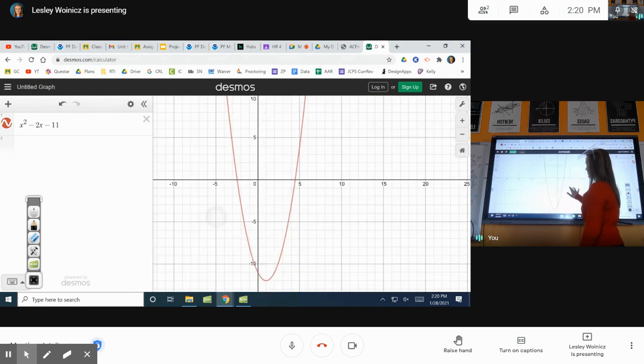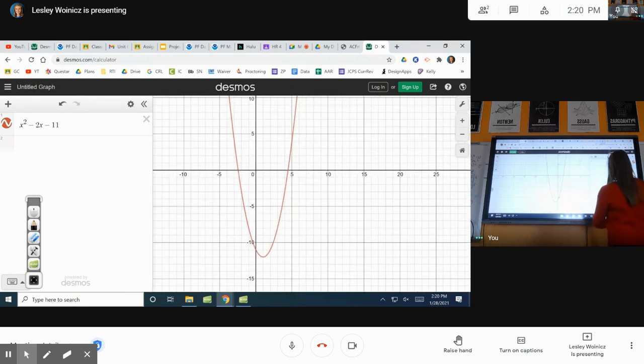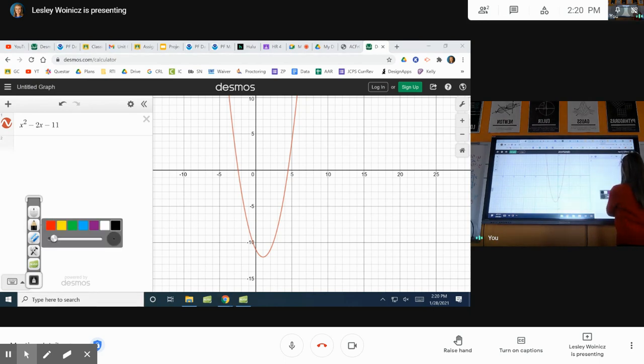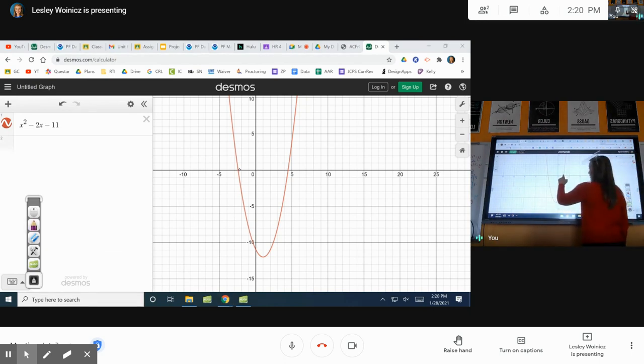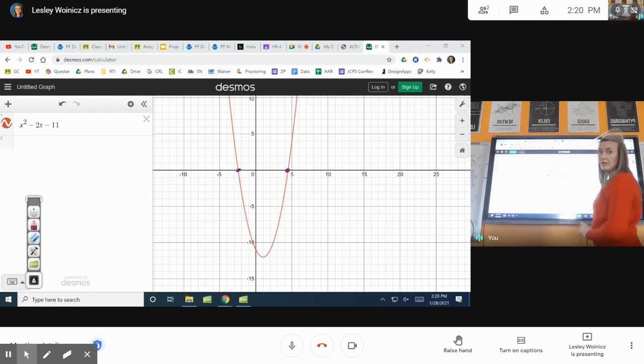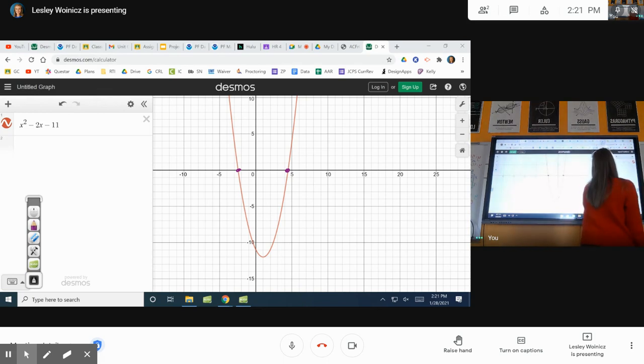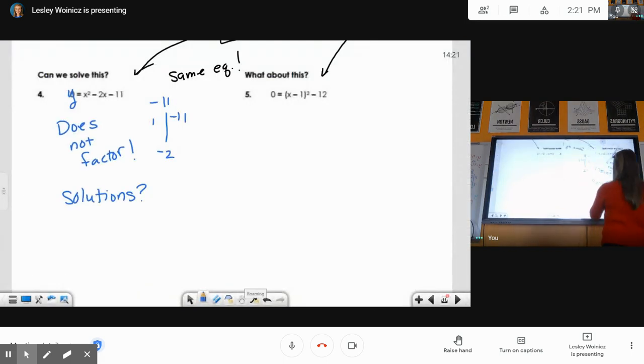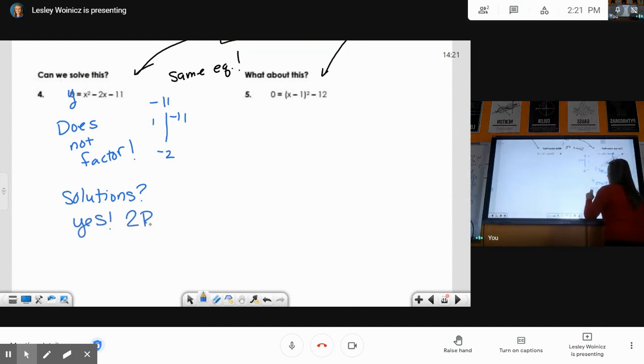It crosses twice. So it has two real roots, one here and one here. They're not pretty. They're real nasty, but they're real. So we have two real solutions, but I can't find them by factoring. There's no way for me to factor this and use the zero product property. Back to the note. So solutions, yes, 2 real ones.